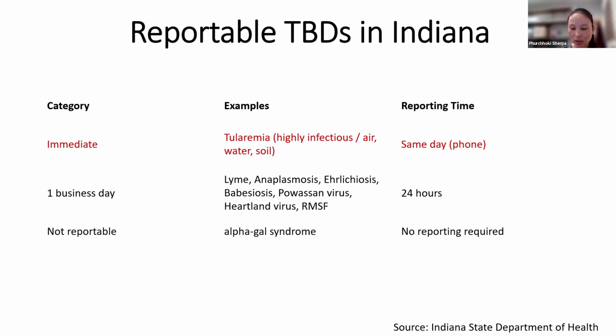The reason is that, in addition to being a tick-borne disease, it can also be transmitted through soil, water, or worse, it can be aerosolized, and it is highly infectious even in the lowest numbers. One thing that's not reportable in Indiana is the allergies. So for alpha-gal, red meat allergy, people suspect there are more cases than people know of, but we do not know how many because they are not reportable.